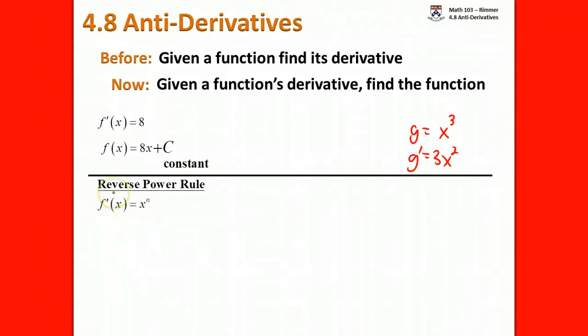So if I want to go backwards to find the function, I have to bump the degree up by 1. If I'm looking at the derivative and I want the function, I know that I have to add 1 to the exponent. But to take care of this constant that's in front, I need to divide by it. So it's not there anymore.